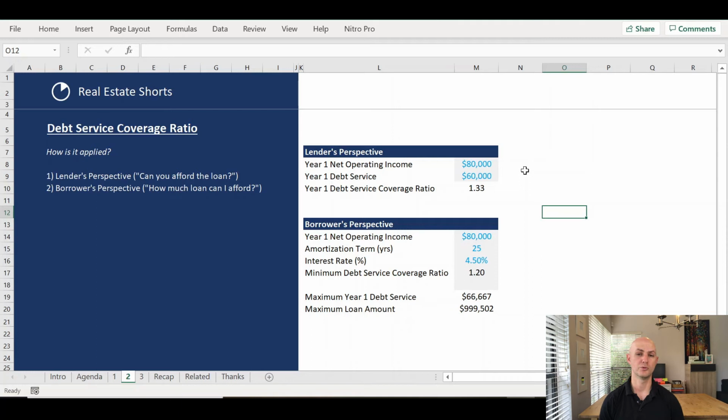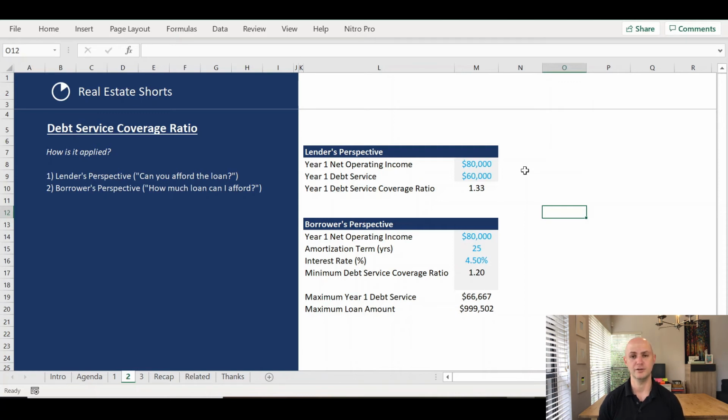Now, from the borrower's perspective, although a bit more complicated, it's just as valuable. Borrowers can use an understanding of the market's debt service coverage requirements to help estimate how much they can borrow. You can almost work backwards in the same way that some lenders are moving forwards. You could say, I know how much income I have.